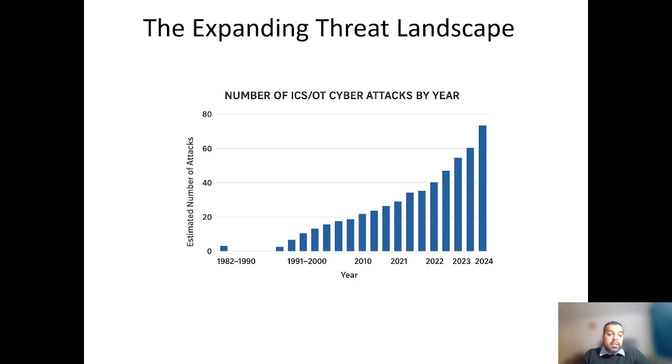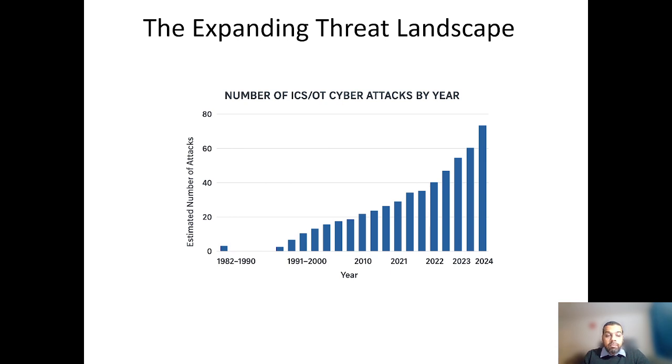In the 80s to 90s, you have only two major incidents on the OT side, and then you see a dramatic increase. More than 10 incidents in the 1990s, around 30 to 35 in the early 2000s, and currently in 2024, close to 80 incidents have been documented.